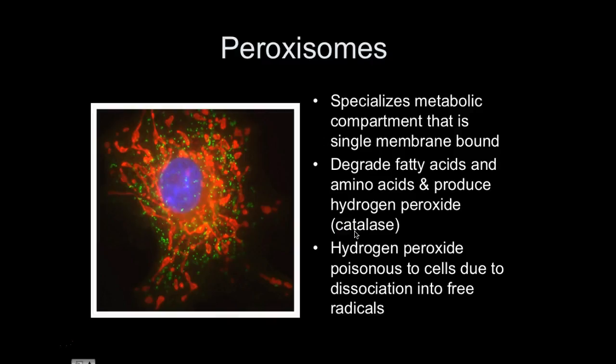The reason we need catalase is because hydrogen peroxide is a poison to the cells. What happens is you get the dissociation of poisons into free radicals. And ultimately, free radicals can lead to diseases down the road, like cancer.